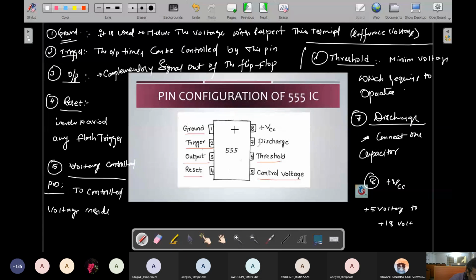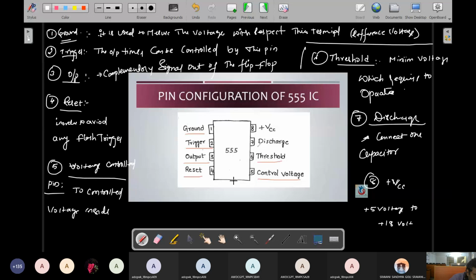Inside there is one potential divider, made of three equivalent resistors. Actually we are using 5 kilo ohm resistors. If you apply some potential to those equivalent resistors, then only they act as a potential divider.